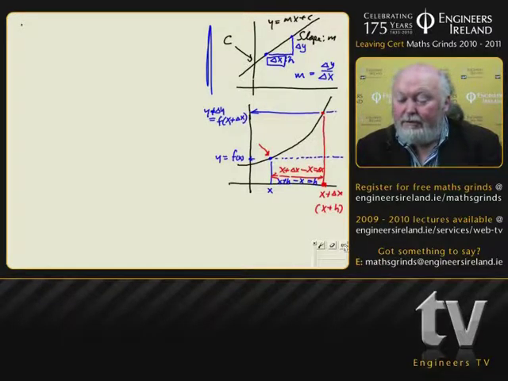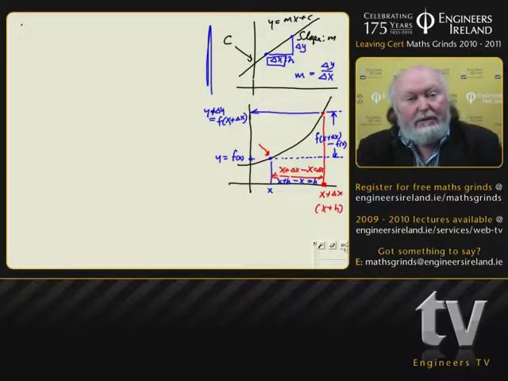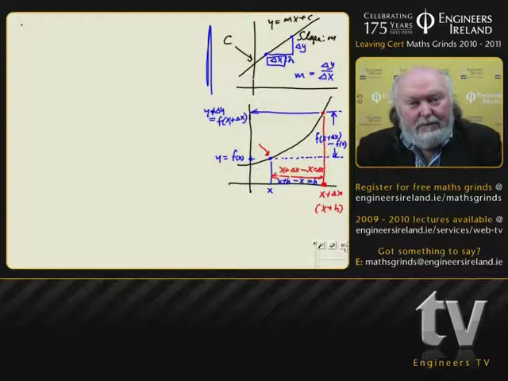We can look at the differences of the two y's here, and we can say that it's the value of the function when we put in a value of x plus delta x into it, minus the value of the function when we put in an x.